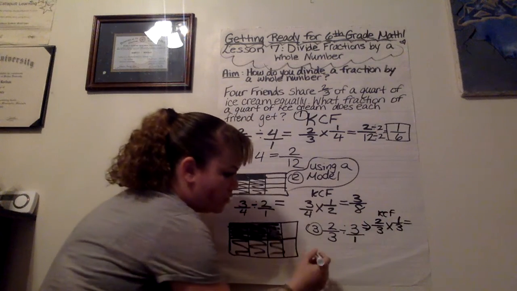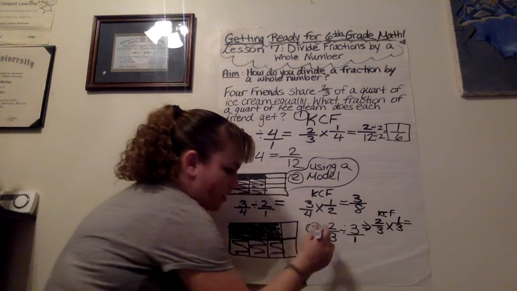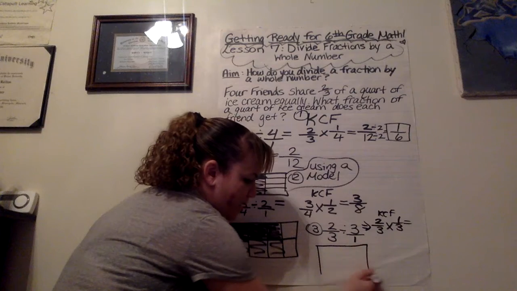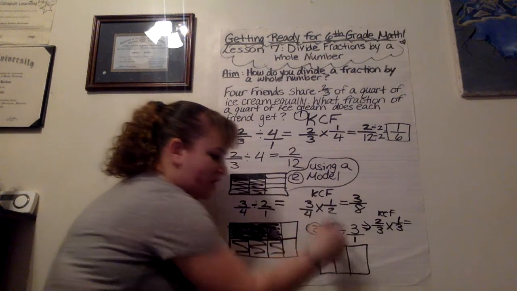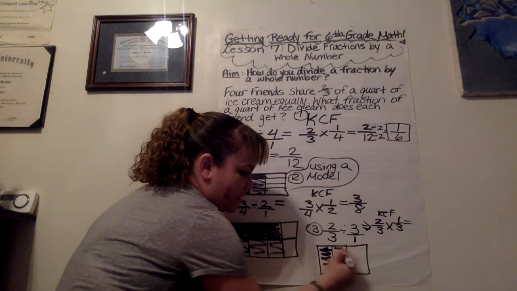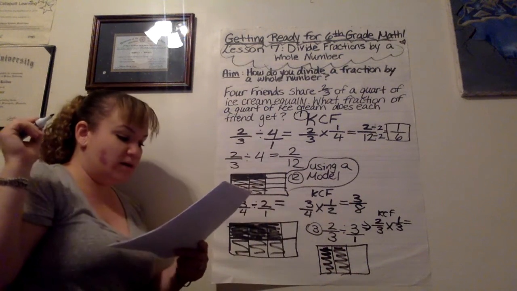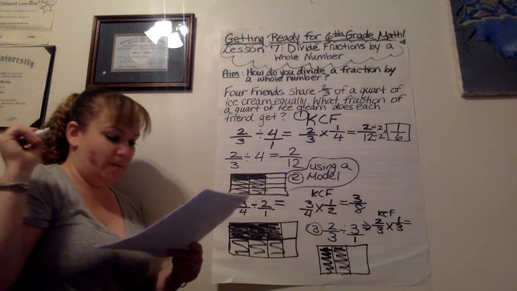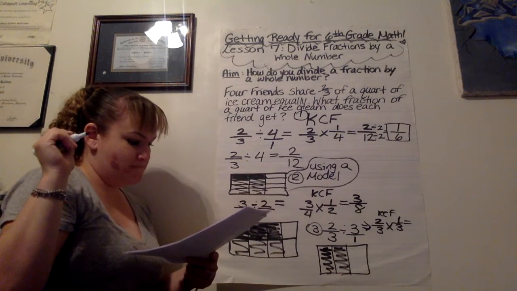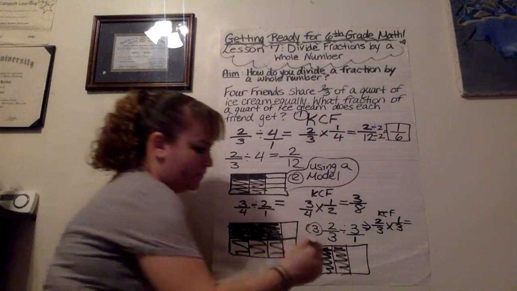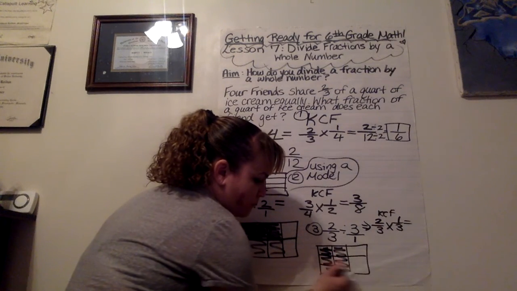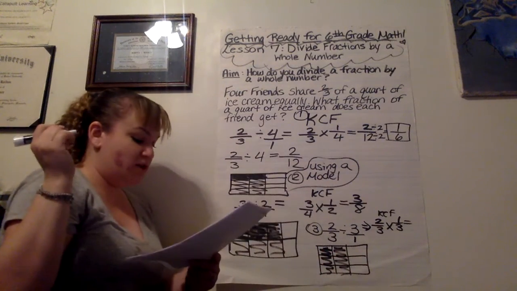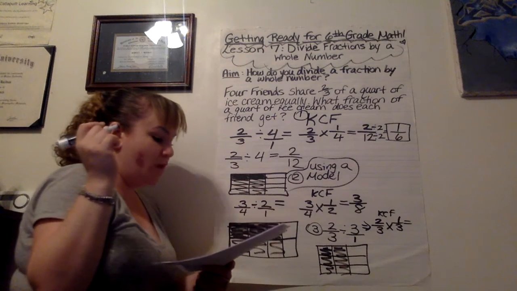Okay, but I want to draw a model. So I want 3 again, because that's what the bottom number is telling me. I'm going to shade 2 because that's what the top one is telling me. And then I'm going to cut it into thirds, going across. Cool. And then I'm going to shade 1/3 of it.